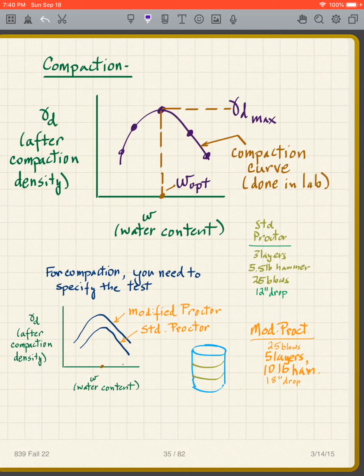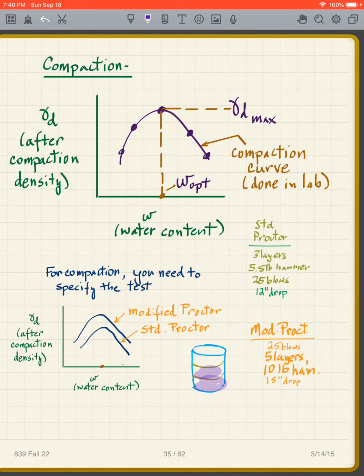Now then what do I do? I take the same soil, but I wet it a little bit. I change the water content and repeat the procedure, 3 layers. I get another density, but at a higher water content, so I'm over here.